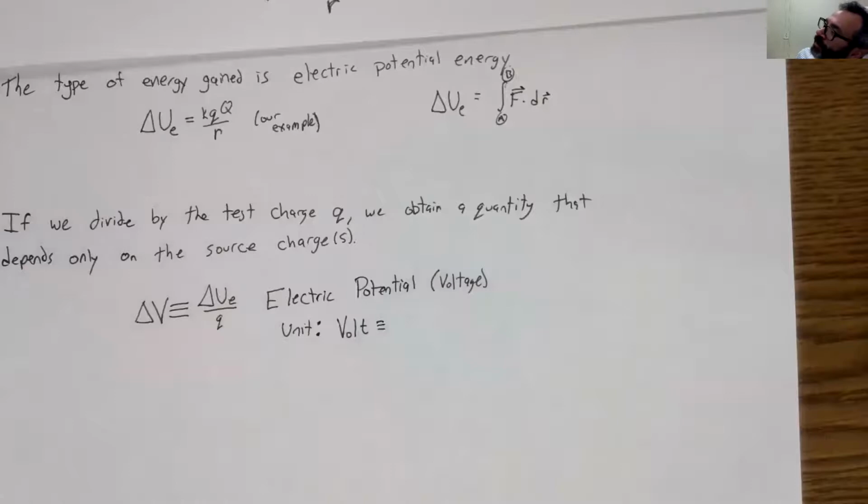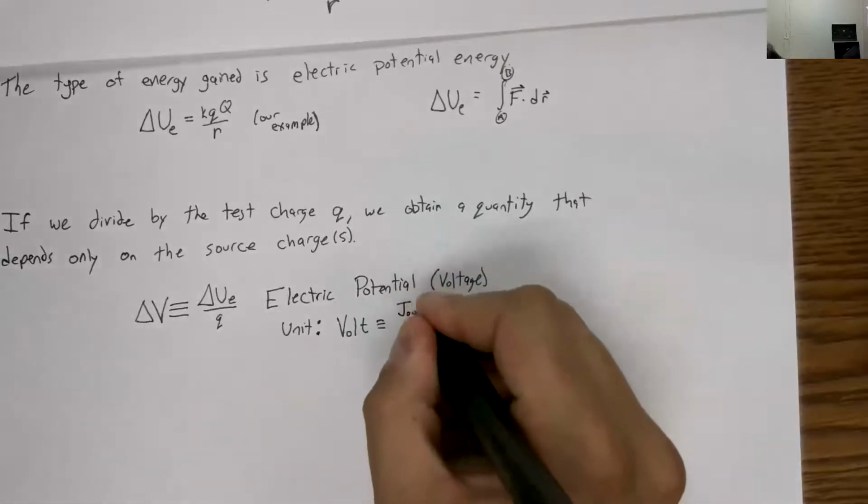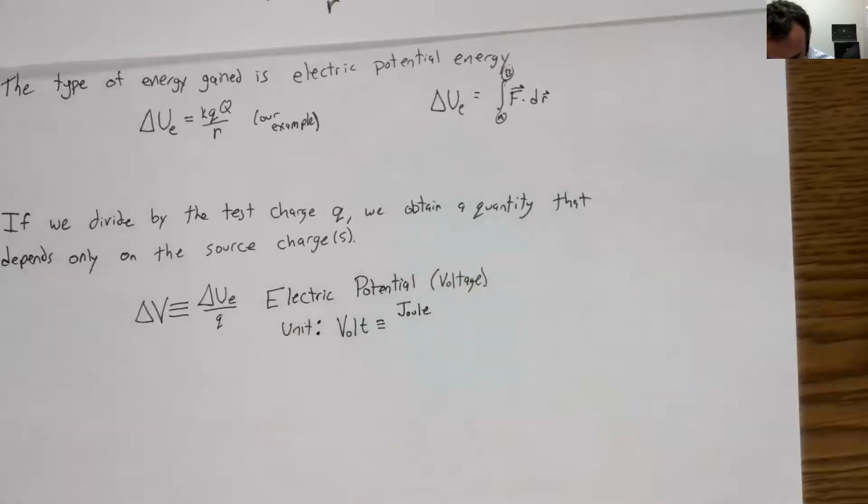There's another word for Newton times meter. Work. Come on, the SI unit for energy. Joule. I know everybody knew that and just couldn't think of it.